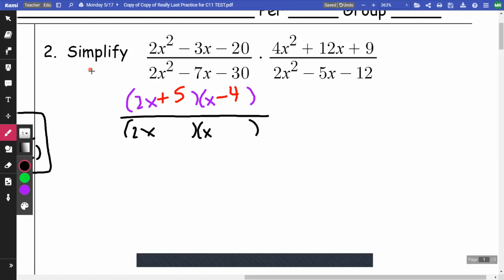Maybe if I have a 1 and a 30, a 2 and a 15, a 3 and a 10... the 1 and 30 is definitely not going to work. 2 and 15 don't look like they're going to work.